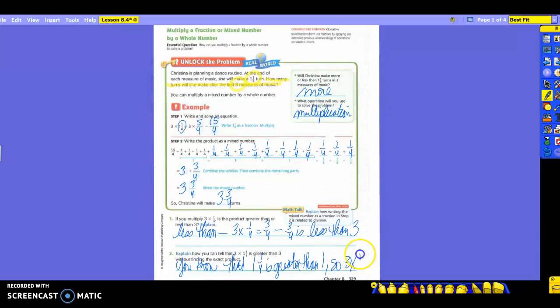So 3 times 1 1/4 must be greater than 3. You know that 1 1/4 is greater than 1, so that means 3 times 1 1/4 must be greater than 3.